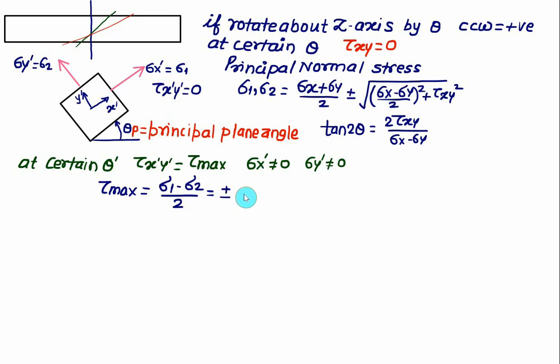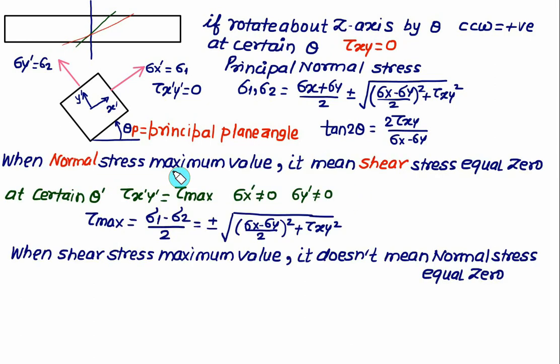So we have plus minus under root of ((sigma x minus sigma y) divided by 2) whole square plus tau xy square. When the normal stress reaches the maximum value, it means that the shear stress will be equal to 0. But the reverse is not true. When the shear stress is at its maximum value, it doesn't mean that the normal stress is equal to 0. That is not always true.